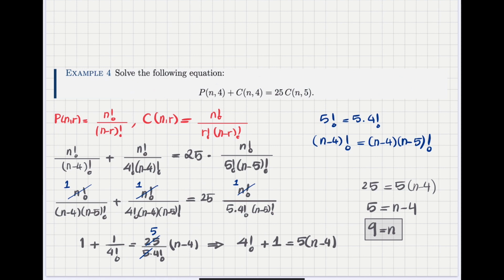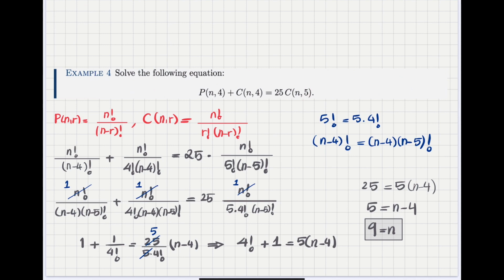But by the way, I have to be careful. Is n equal to 5 acceptable? For example, if I get n equal to 4, it is not acceptable. Why? Because when I am using these symbols, I am implicitly thinking that this number is greater than or at least equal to that number.